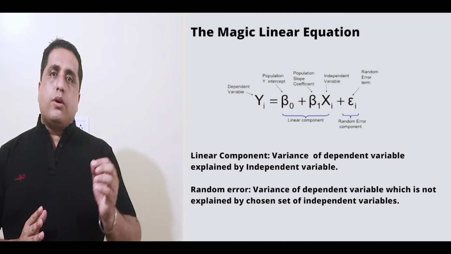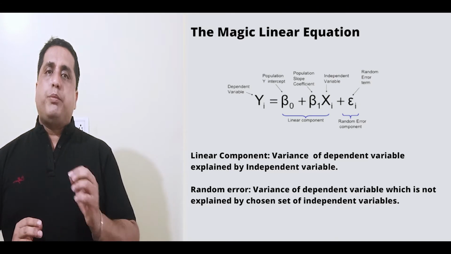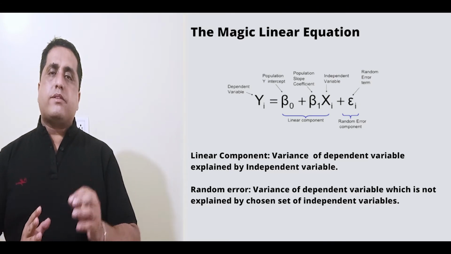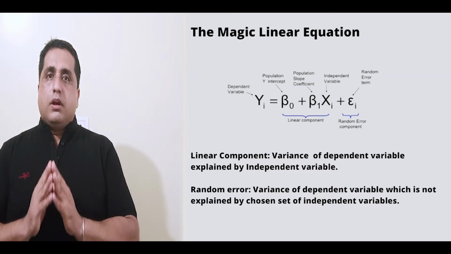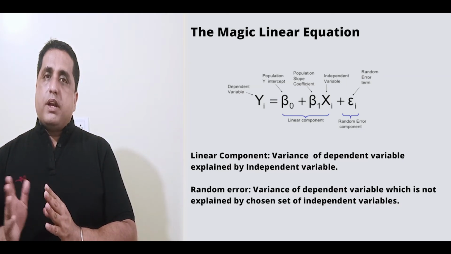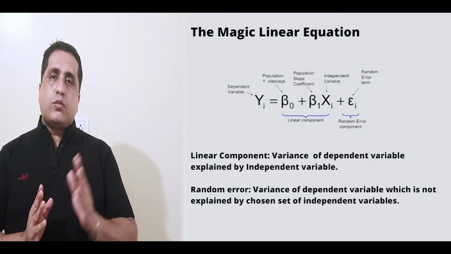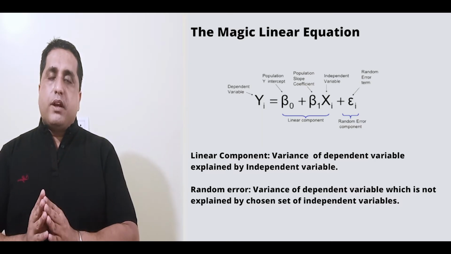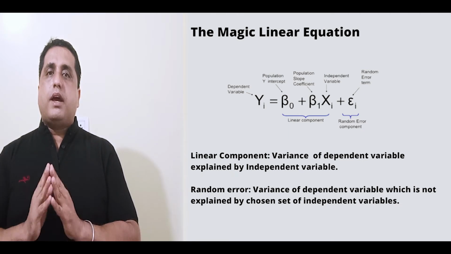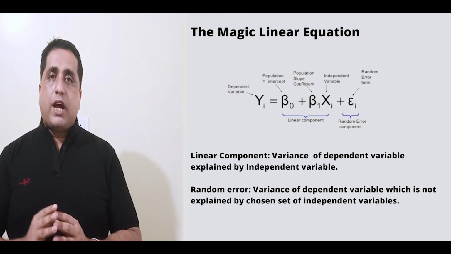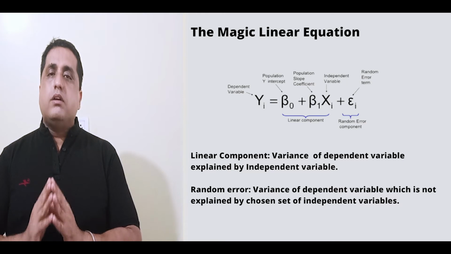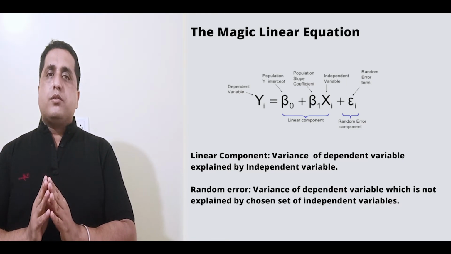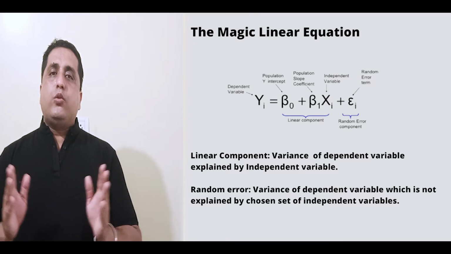Now moving on to the linear regression equation. Generally we know it as y = beta naught + beta 1 * x1 + beta 2 * x2 + epsilon. Now y is the dependent variable, and the rest of the equation consists of a combination of independent variables and intercept and the error while we predict the value of the dependent variable. Now the right hand side can be divided into two parts further.